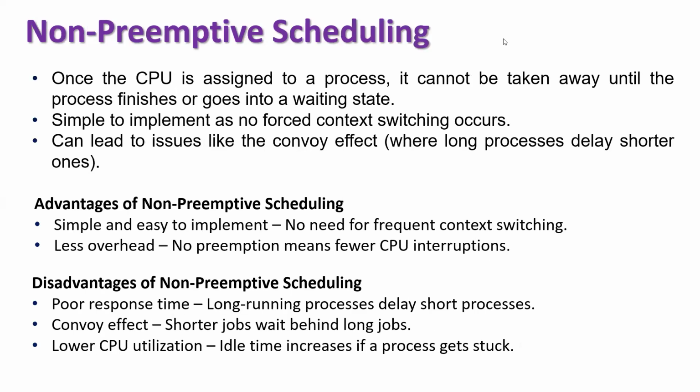The other type is non-preemptive scheduling. Once a process starts execution, it runs until it completes or voluntarily enters a waiting state. So once the CPU is assigned to a process, we cannot take it away until the process finishes.